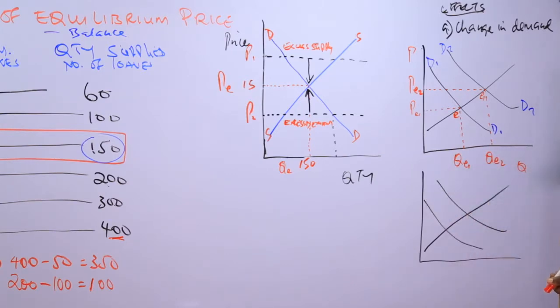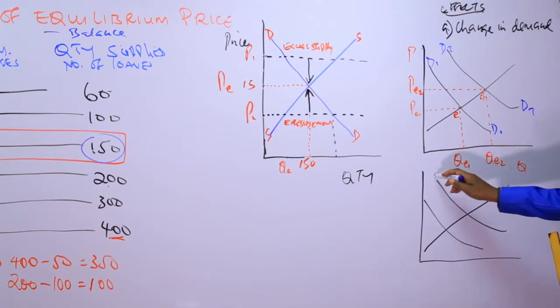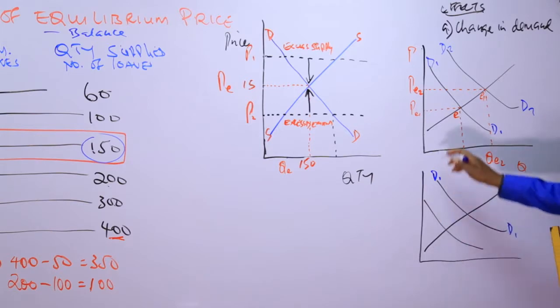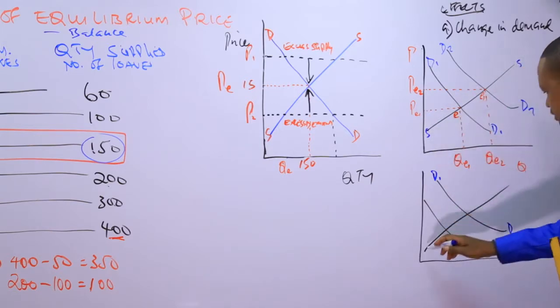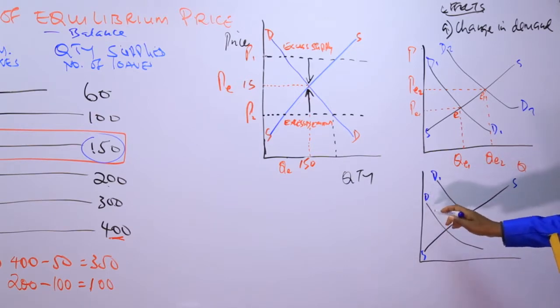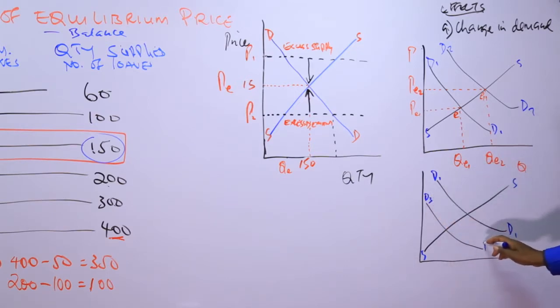So we have here D1, this is the supply curve, and we can call this D1, D3. So that this is our, this one here.